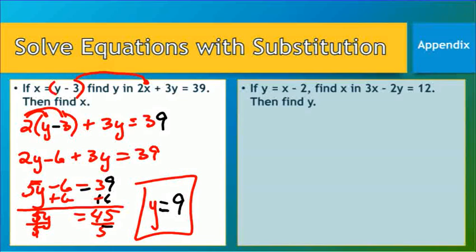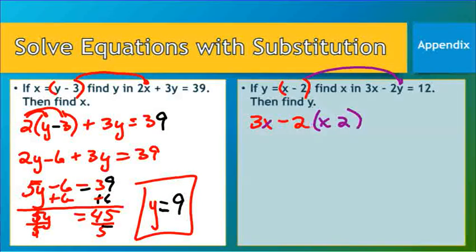The other one: if y equals x minus 2, find x in 3x minus 2y equals 12. So if this is what y equals, I substitute that in for y in the other equation. So I have 3x minus 2 times x minus 2 will equal 12.